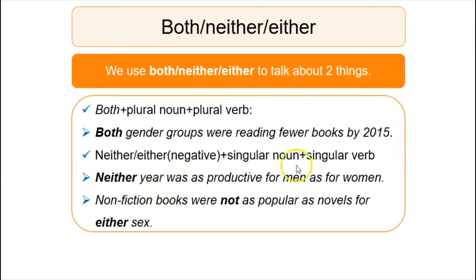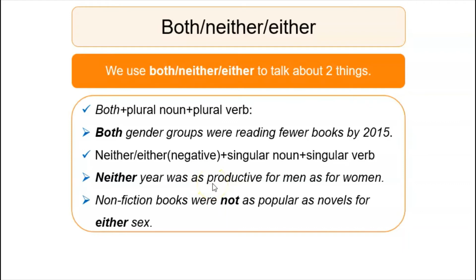Was, singular verb. So contrast that with were, which was the plural verb, right? And groups, which was a plural noun. Now we have year, singular, was, singular. As productive for men as for women.